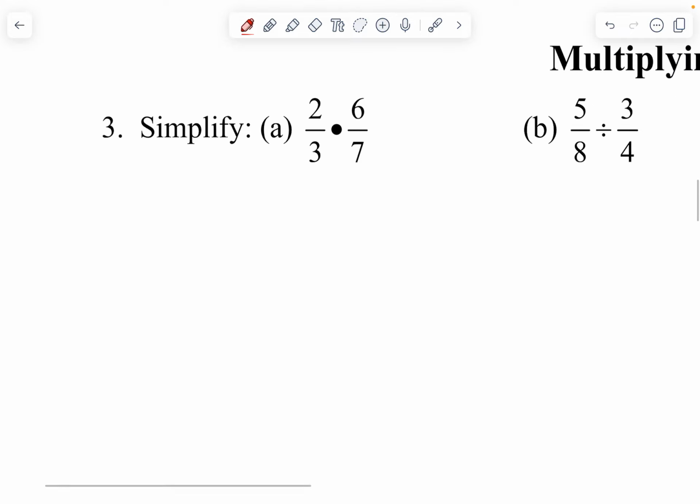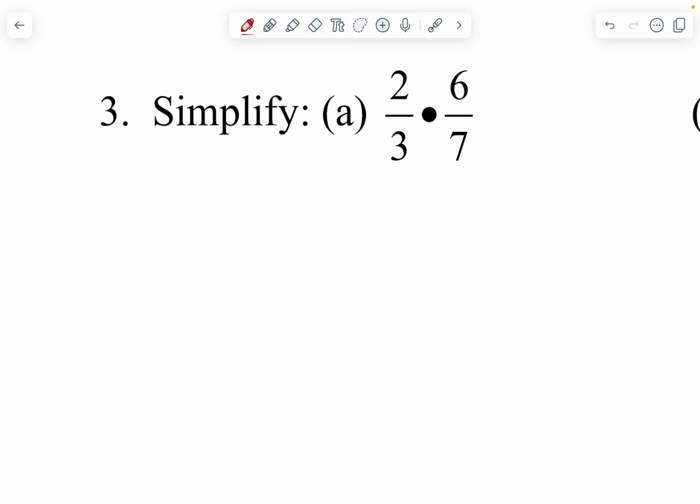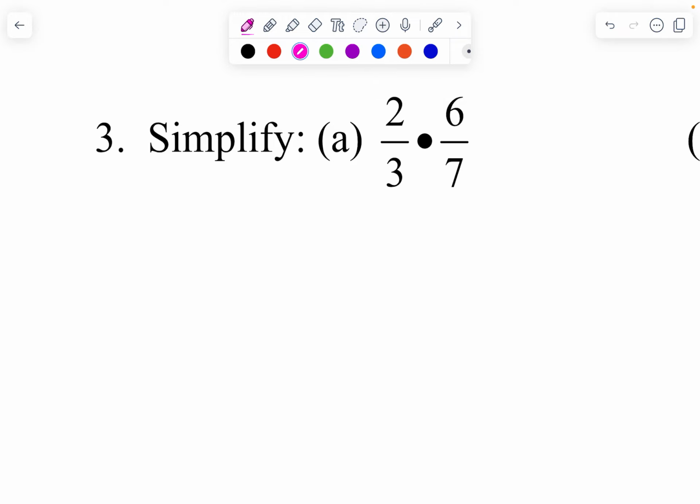So I'm going to show you two ways to deal with multiplying and dividing fractions, specifically with multiplication. So in problem number 3, part A, you've got 2 over 3 times 6 over 7. And the first thing, which is my favorite thing with multiplying, you do not need a common denominator, period, which is awesome. What we can do is one of two things.